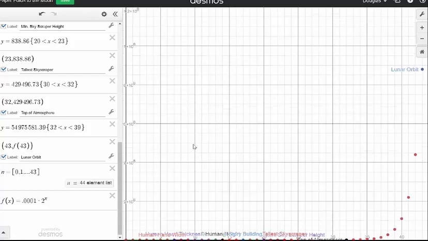And now here we are at the 43rd fold. We're at the average lunar orbit. It only took us 43 folds of a sheet of paper. Look how quickly all these things seem to be left in the dust. Also going to note how thin the atmosphere is compared to the distance from Earth to the moon.